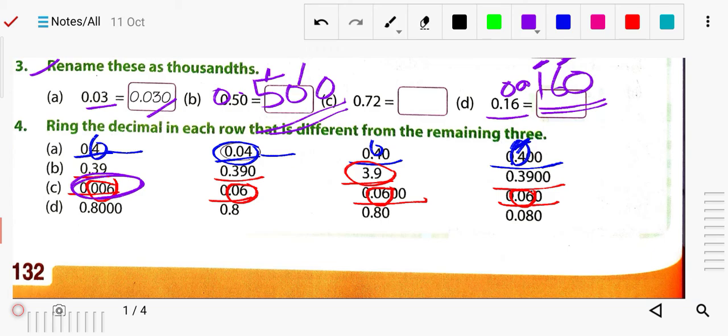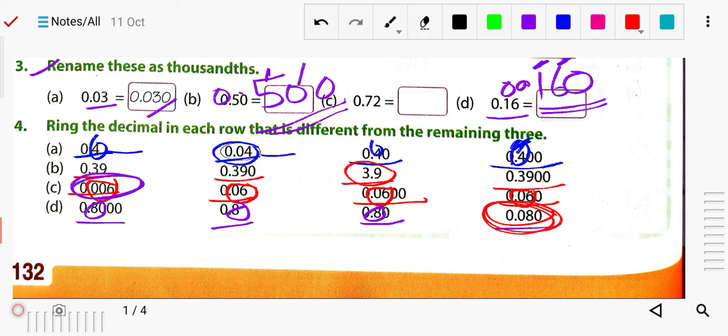Now here 0.080, 0.8, 0.80, 0.800. After the decimal you can see 0.8, 0.8, 0.8, but here it is 0.08, so it is not the same. So this is the wrong one.